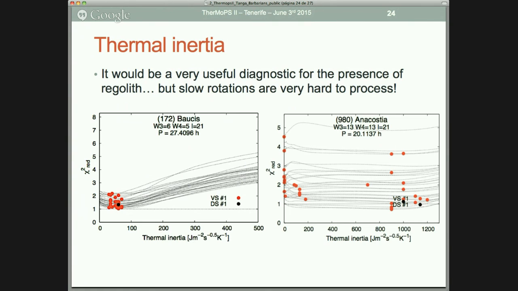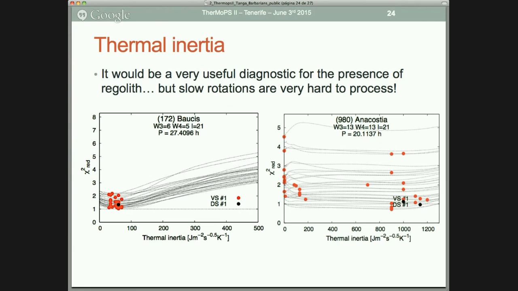In other situations it doesn't work at all, because these are very slow rotators, so it's very difficult to derive a thermal inertia due to the fact that the amount of heat received by the body varies so slowly with time.